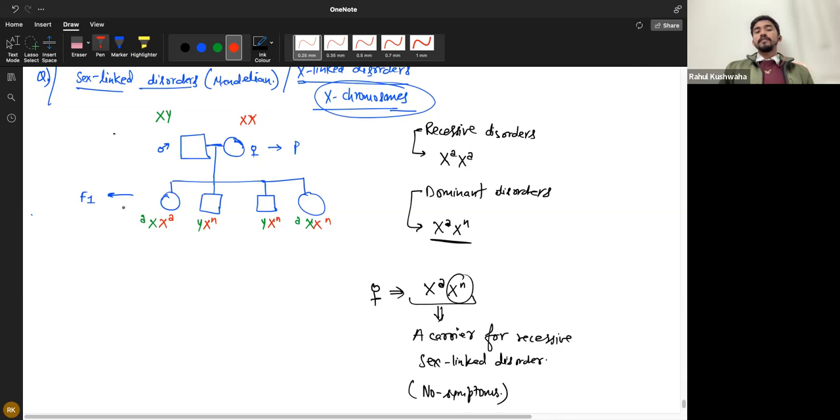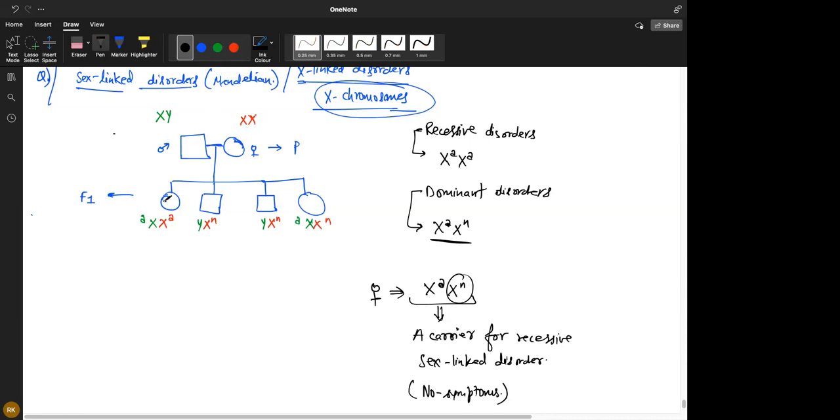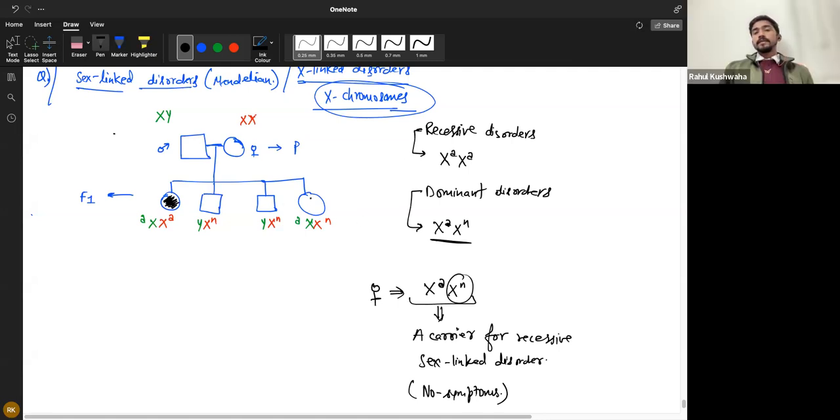This is the genotype of the F1 generation, all the kids. Cool? Yes. And she is diseased. The boys are normal. And she is a carrier. Now tell me the genotypes of the parents in terms of XA and XN, X affected and X normal.